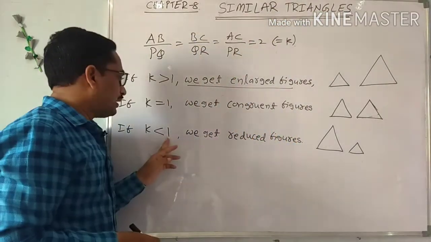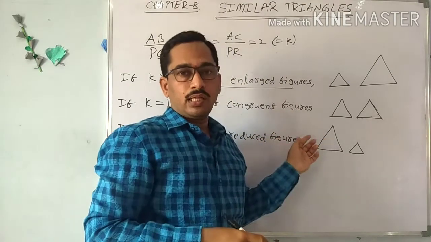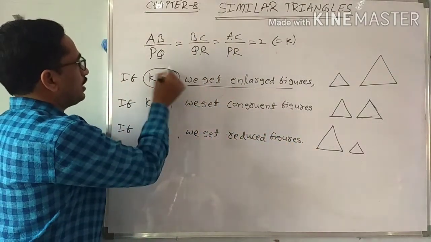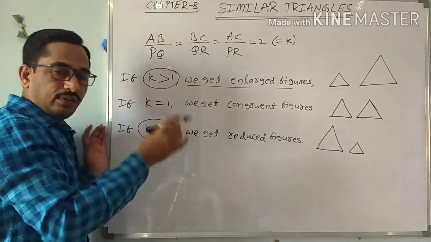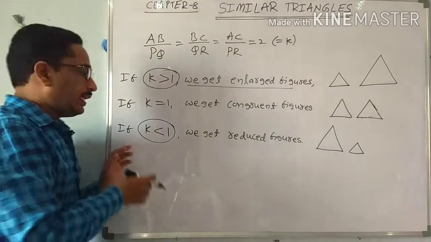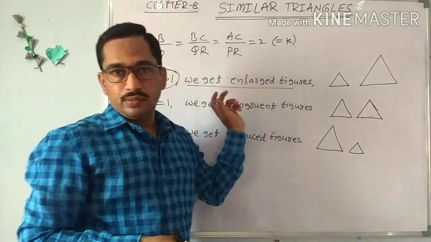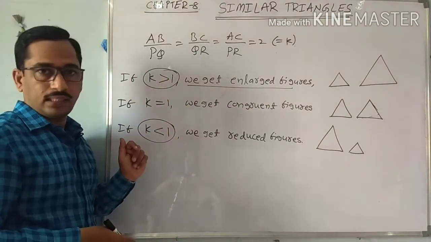If k is less than 1, we get a reduced triangle, meaning we have to draw a smaller triangle. So we have the 4 marks question related to this. This is important for 4 marks, and it is in the second exercise, 8.2.